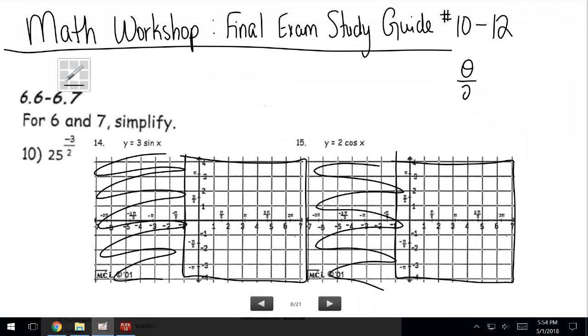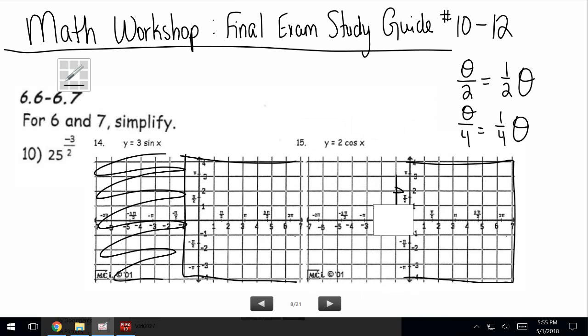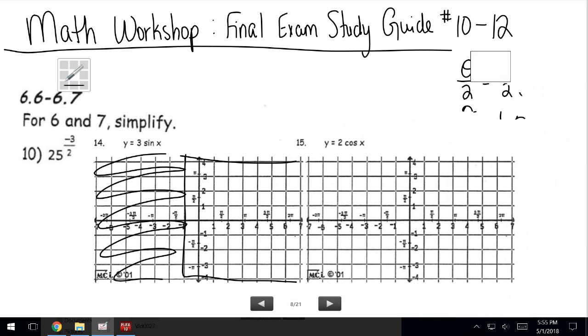Theta over 2 is the same as 1/2 theta, okay? Which means your B is the number in front of theta, which would be 1/2. So theta over 4 would be 1/4 theta, and your B is your number in front of theta, which would be 1/4. Okay? The key is on Google Classroom, just like it always is.